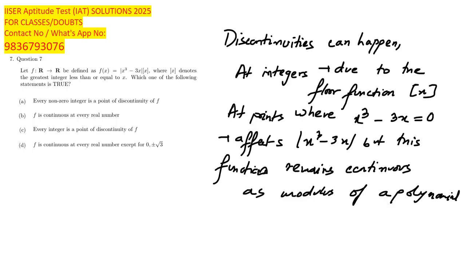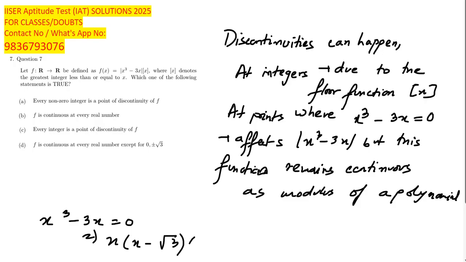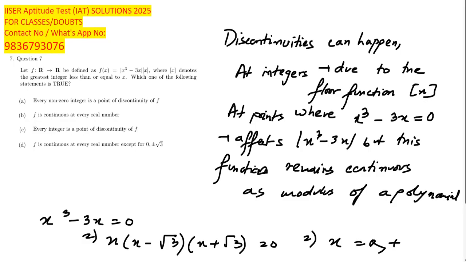So we solve x³ − 3x = 0, or x(x − √3)(x + √3) = 0, so x = 0, ±√3. At these points the expression inside the modulus becomes 0. Why? Because [x] may jump there and we need to carefully check continuity. So let's evaluate each of the options.